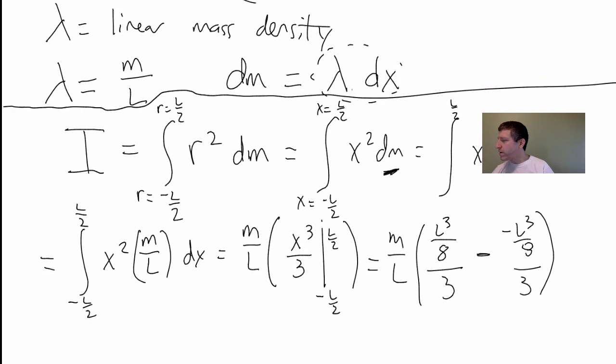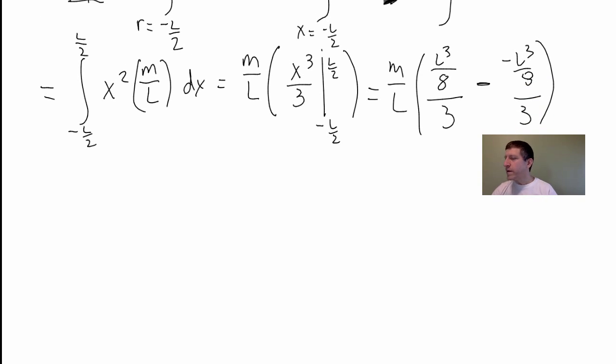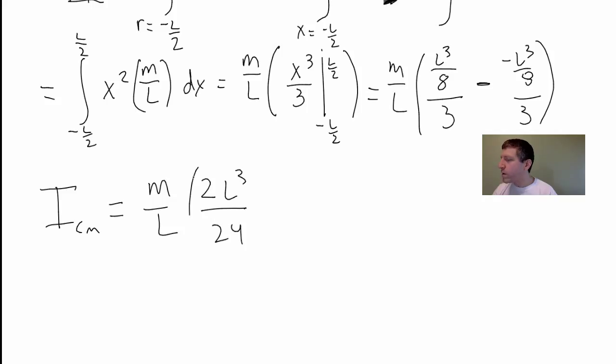And when you do this calculation, this gives us I about the center of mass of our rod is equal to M over L times 2L cubed over 24. And when we do that, we cancel one of these L's out, and that gives me 1/12 M L squared.